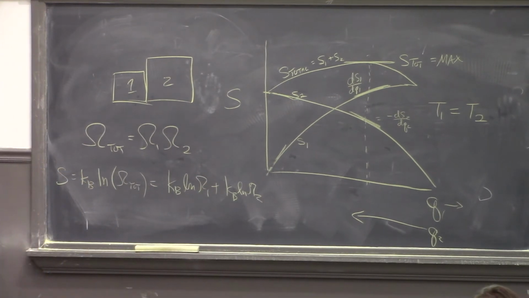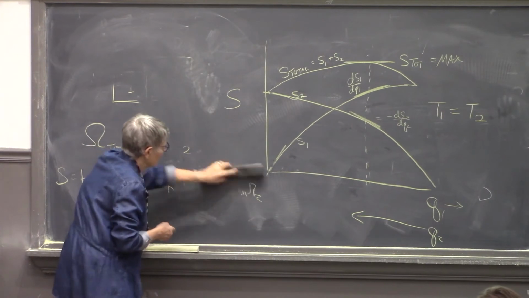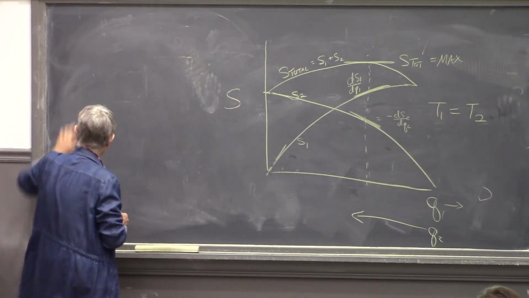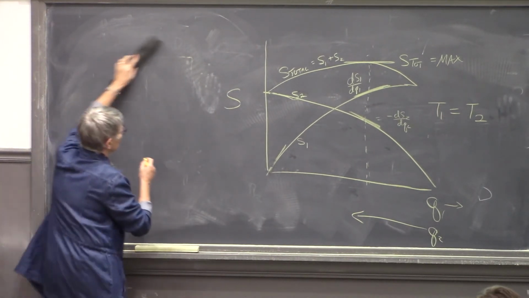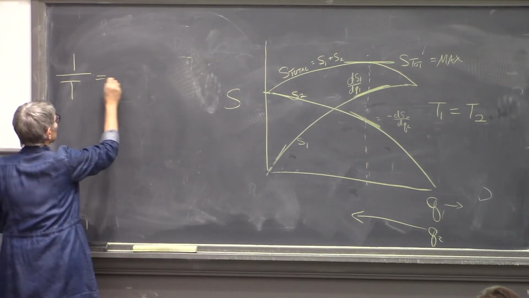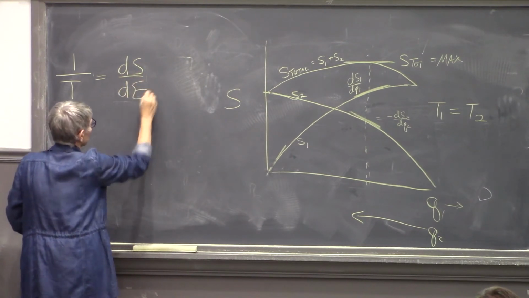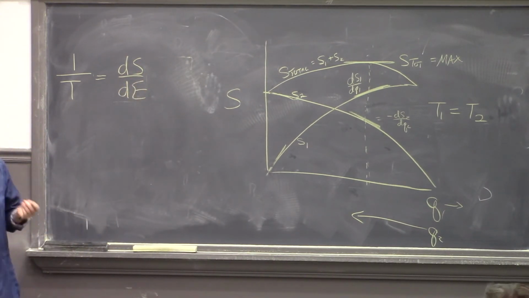So in fact, where we get to here is that this is actually the definition of temperature. So 1 over the temperature, this is temperature in Kelvin, is equal to the rate of change of entropy with respect to energy.